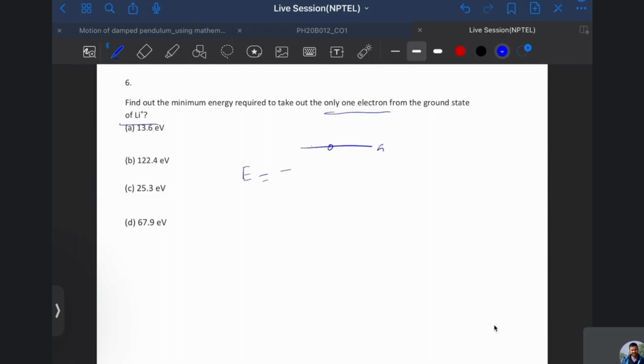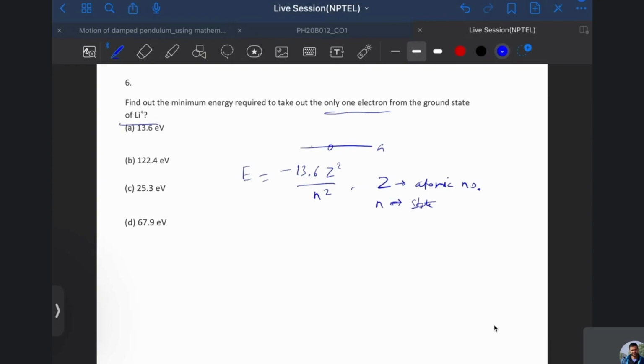For any atom, the energy of a state is given as this, where Z is the atomic number and n is the state in which the electron is.